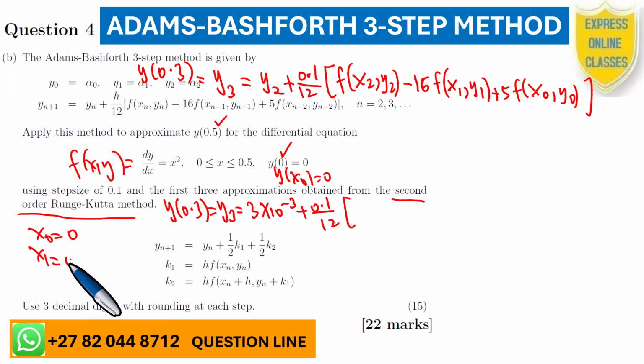For x1 you add h, you get 0.1. For x2 you add 0.1, you get 0.2.